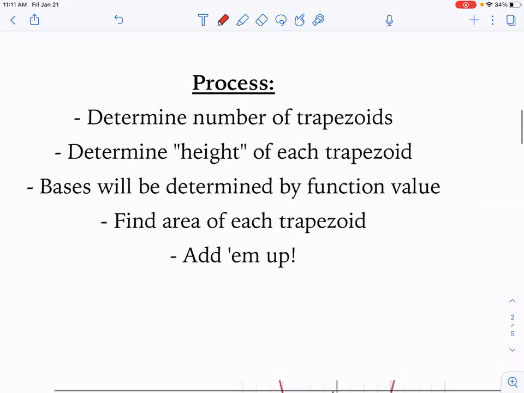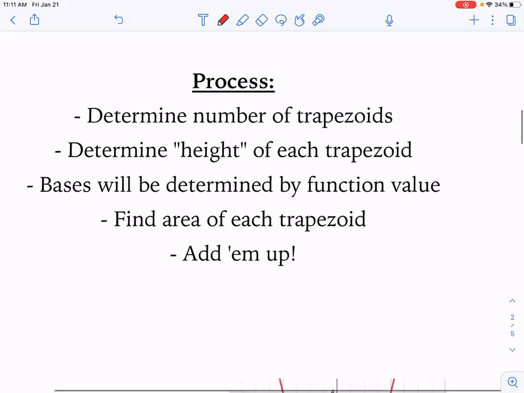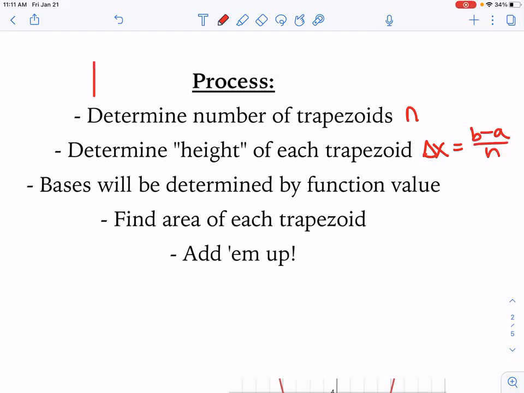So this is what we're going to do. It's going to be very similar. N is the number of trapezoids, but since we're talking about trapezoids, our delta x is now going to become the height of our trapezoid. Because what's going to happen is our trapezoids are going to look like this.